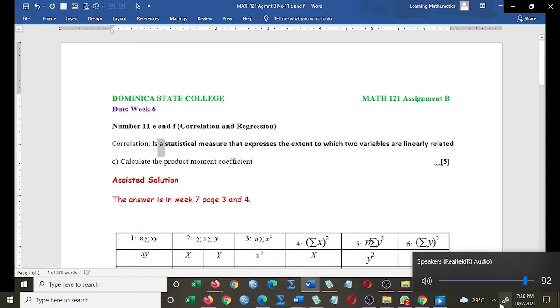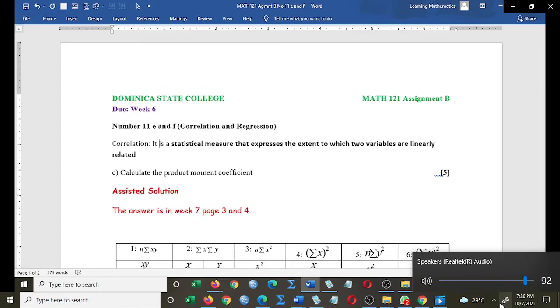So whenever you hear the word correlation, think of a statistical measure that expresses the extent to which two variables are linearly related. The word linearly there is very important, meaning a straight line.